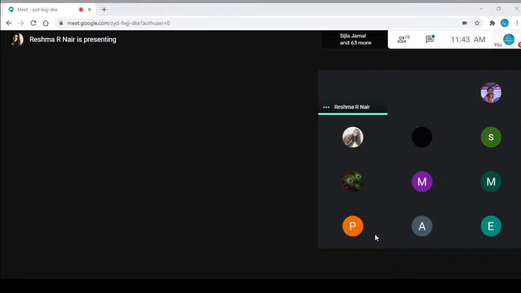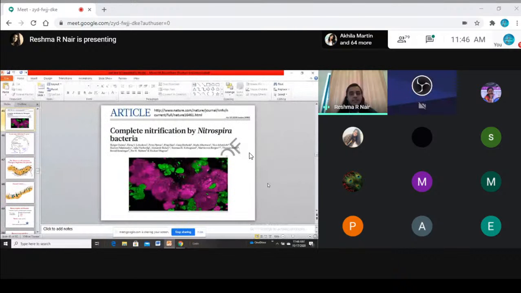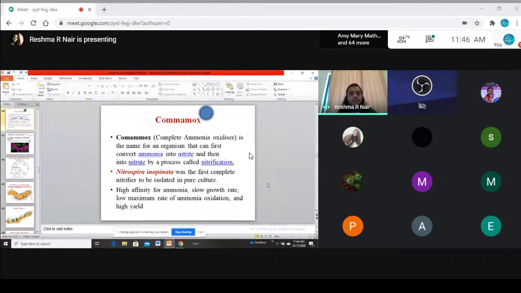So this is actually breaking the basic principle of nitrification, because Nitrospira inopinata, this is the organism. Daims et al. in 2015 reported that this is the first organism known as a complete nitrifier or complete ammonia oxidizer. That means they can perform both ammonia oxidation and nitrite oxidation together.